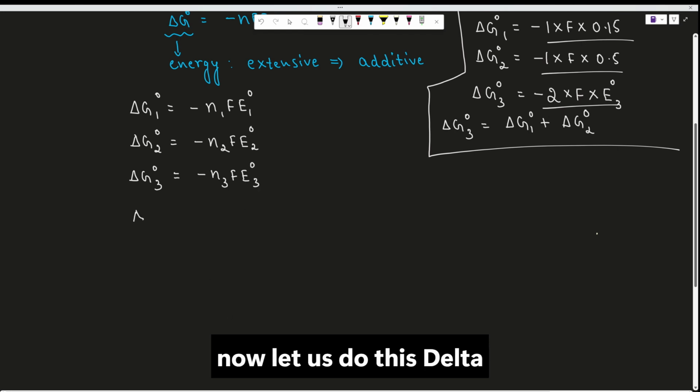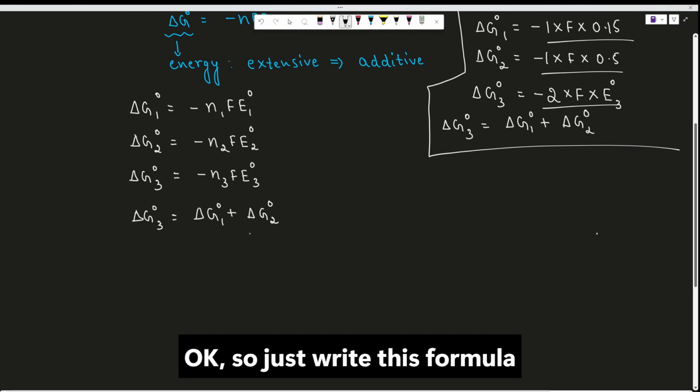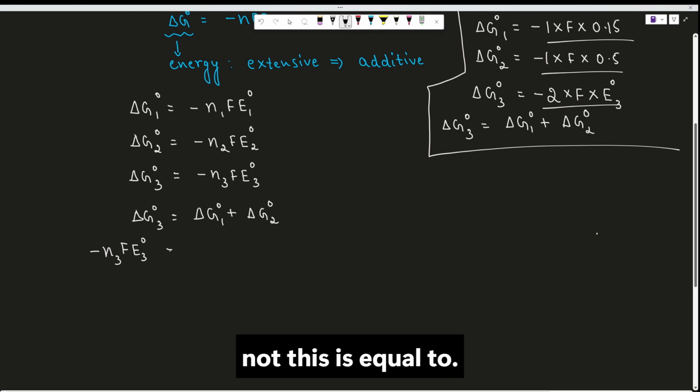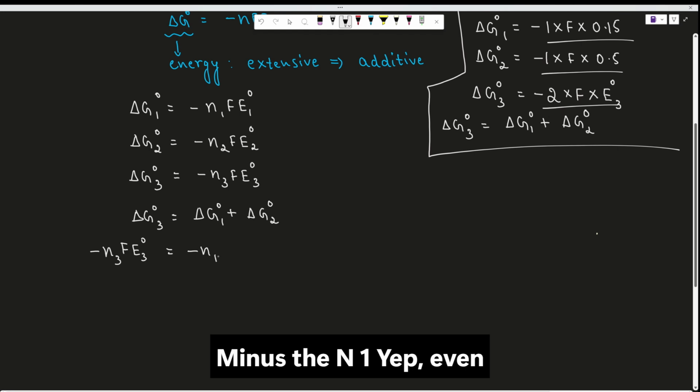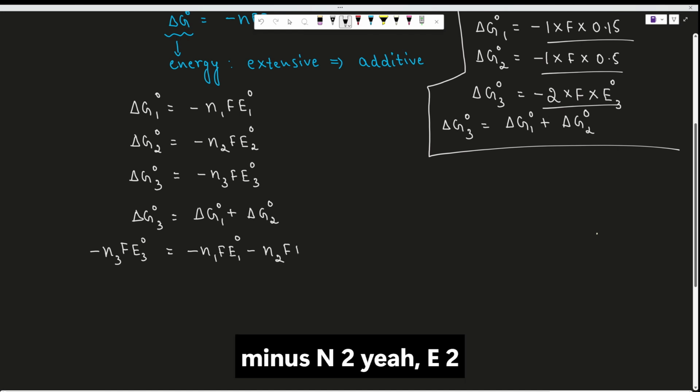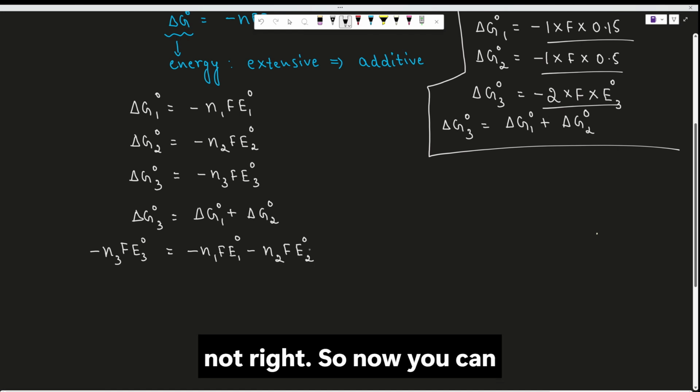Okay, now let us do this. Delta G3 naught is equal to delta G1 naught plus delta G2 naught. So just writing this formula itself: minus n3 F E3 naught is equal to minus n1 F E1 naught, then here also you get minus n2 F E2 naught. Right.